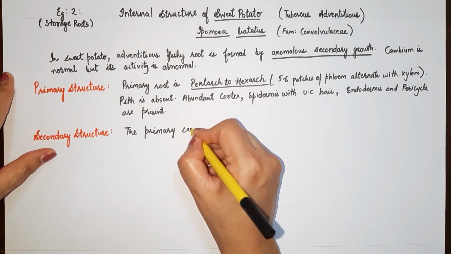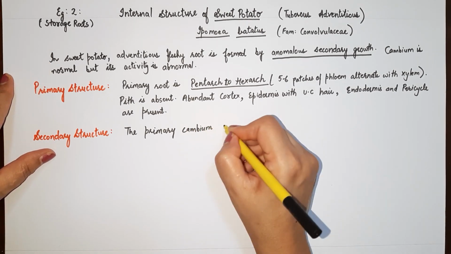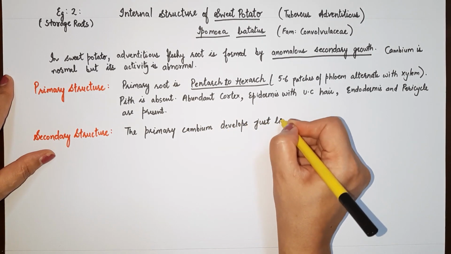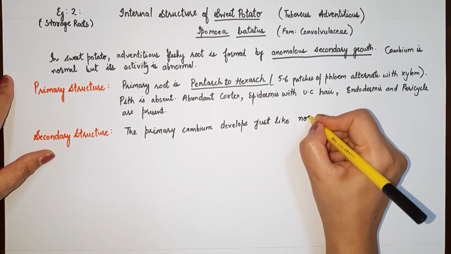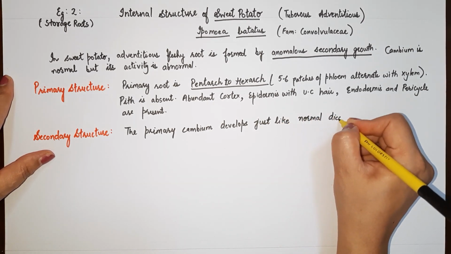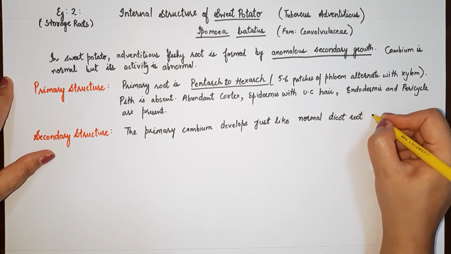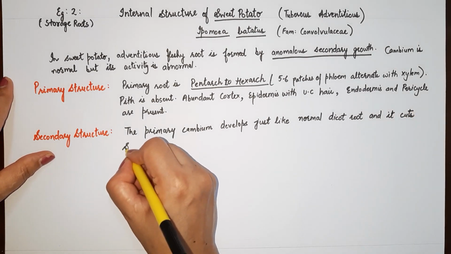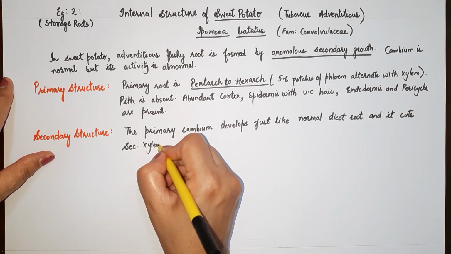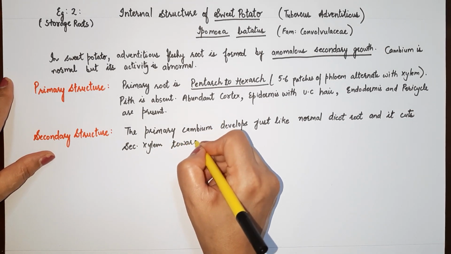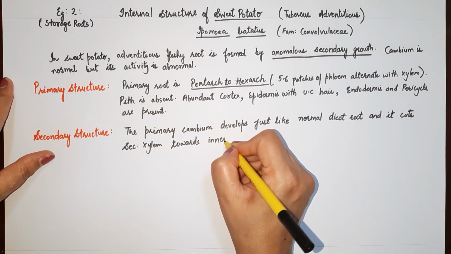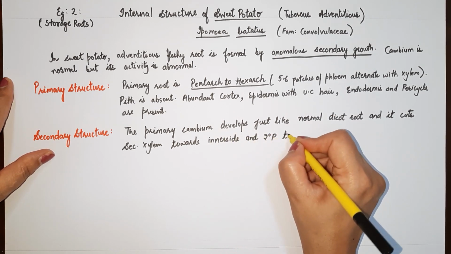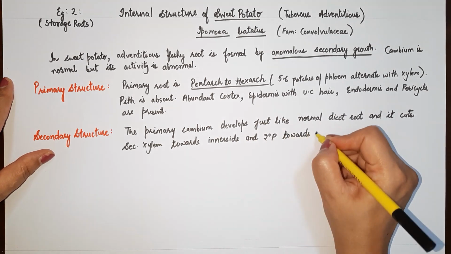So, the primary cambium develops just like normal dicot root, and it cuts secondary xylem towards inner side and secondary phloem towards outer side.